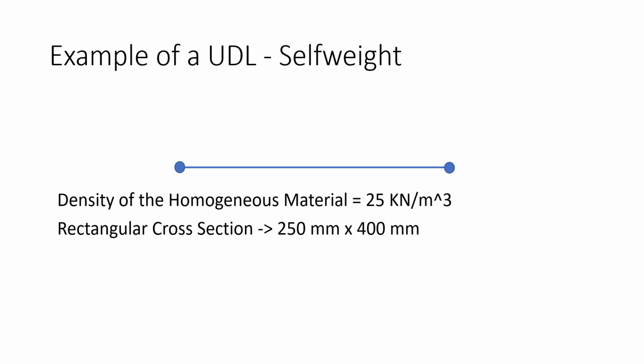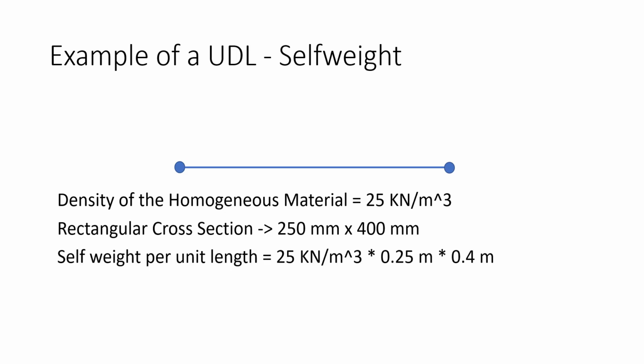Now, with these two inputs, we can calculate the self-weight of the beam per unit length as the product of the weight density and its cross-sectional dimensions, and we get the value of self-weight as 2.5 kilonewtons per meter.